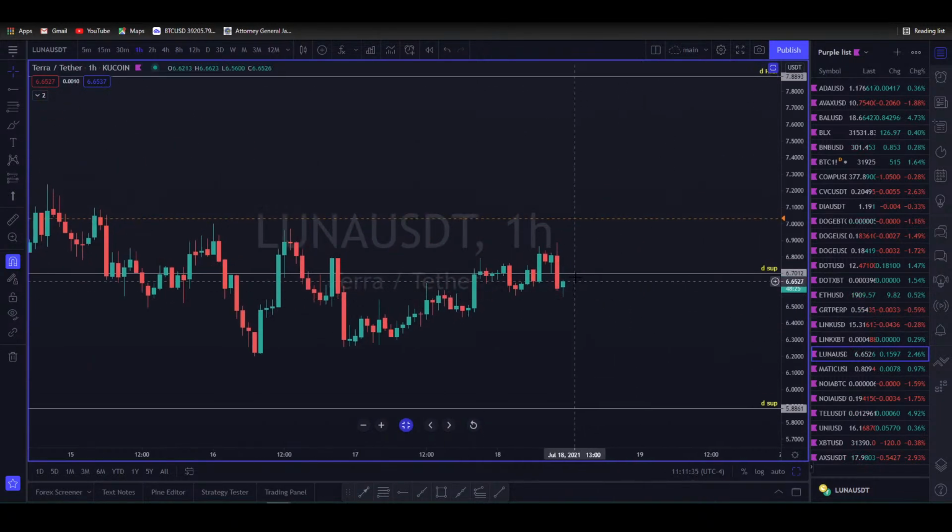Do I look for an entry now? Well, this is that daily level. You can see that we're pushing up to it right now. So I'm probably going to take a small position on this because of this candle move to the downside. It's not nearly as big as Bitcoin's, but basically these things do pretty much follow Bitcoin.